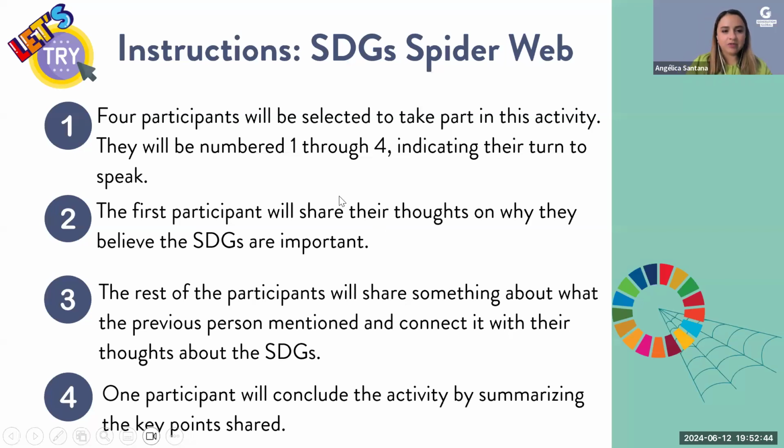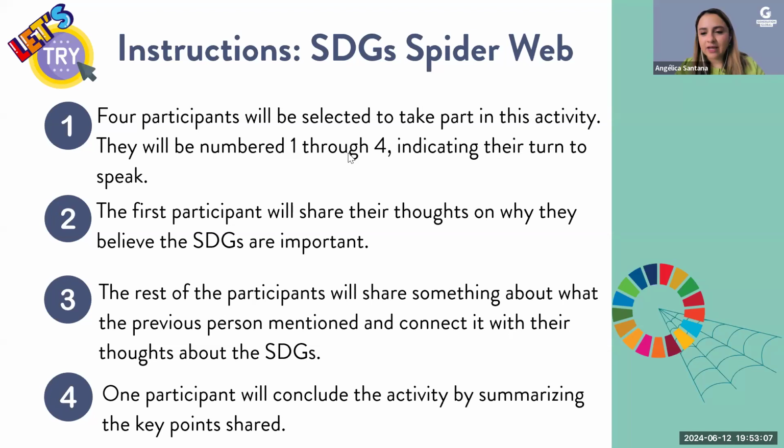So what I'm going to do is pick the 4 participants that write their names here in the chat. The first 4 participants that write their name in the chat will be the ones that participate in this activity.